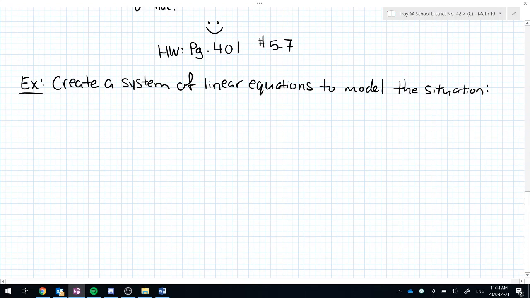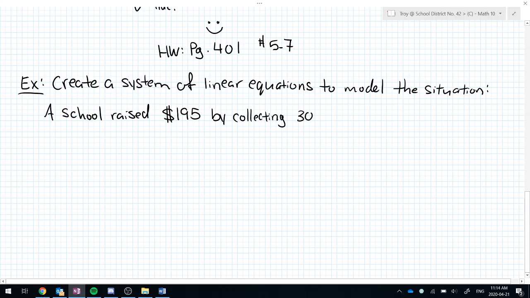All right, so a school raised $195 by collecting 3,000 recyclable items.